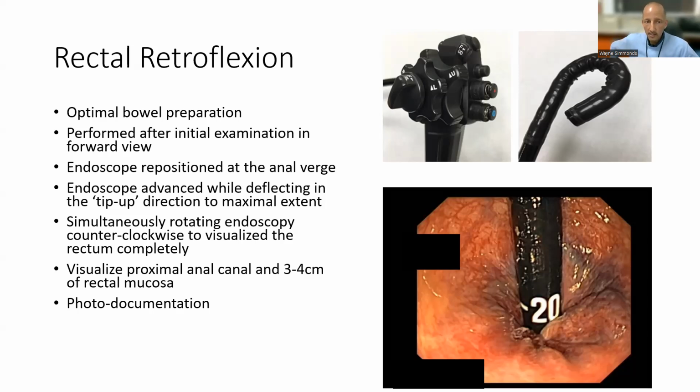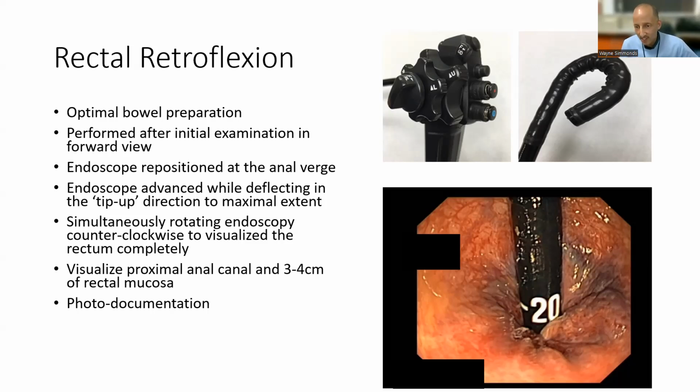The endoscope is then retracted to reposition at the anal verge, keeping the rectum inflated. And then the endoscope is advanced while deflecting in a tip-up direction with the big wheel to the maximal extent, and at the same time rotating the endoscope counterclockwise to turn the scope around itself to look at itself.